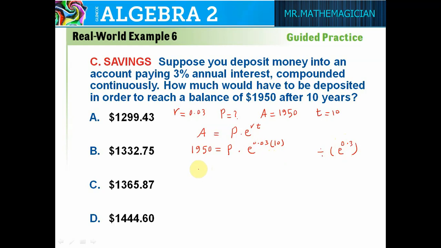So it will take the shape 1950 divided by e to the 0.3 equals the P. Use your calculator to find out that P equals, yes, the accurate choice will be D, $1,444.60.